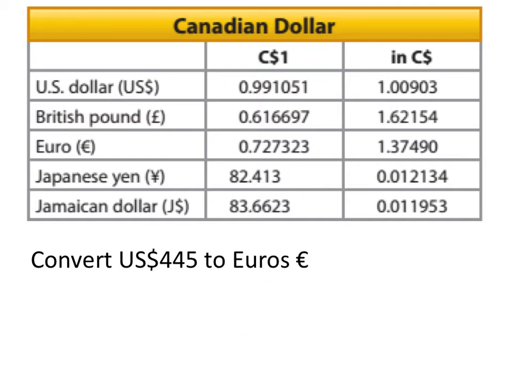With that example in mind, go ahead and see if you can figure out how to convert an amount of money from US dollars into euros. Keeping in mind this table uses Canadian dollars, so we might want to switch to Canadian dollars as a midway step. Press pause, and when you're ready to check your answer or get some hints, continue the video.